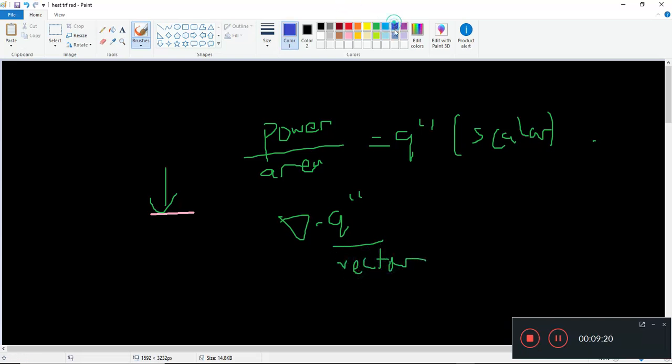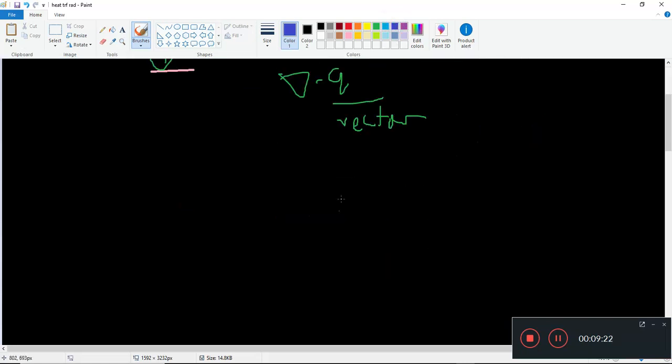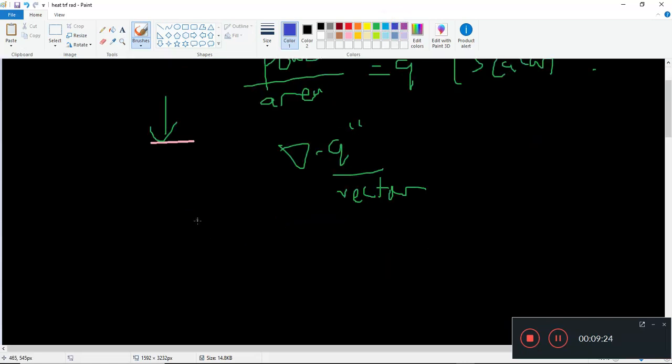So where do we get this vector from? So I'll just differentiate as follows. This heat flux is the heat flux vector.